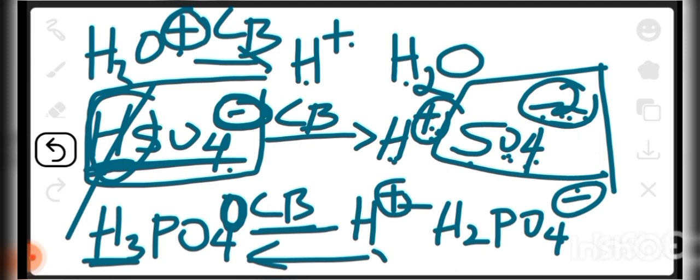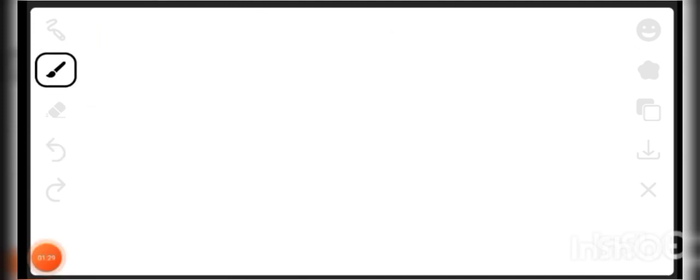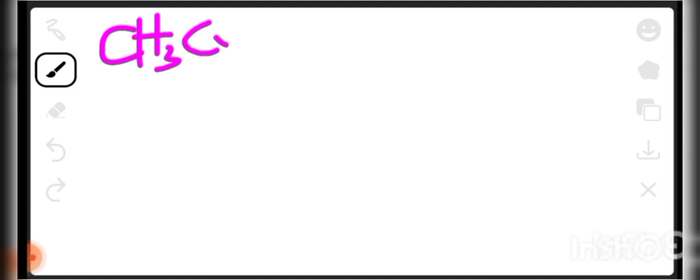Then let's look at others. Now let's say we are having CH3COOH. What is the conjugate base of this acid? So this is an organic acid, and this last hydrogen here is the one in question.